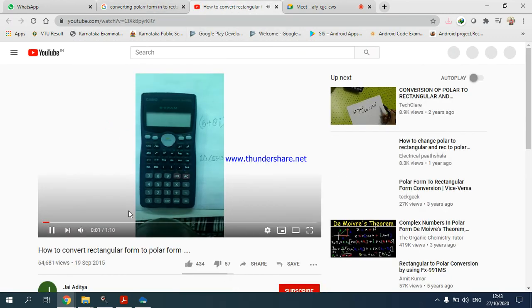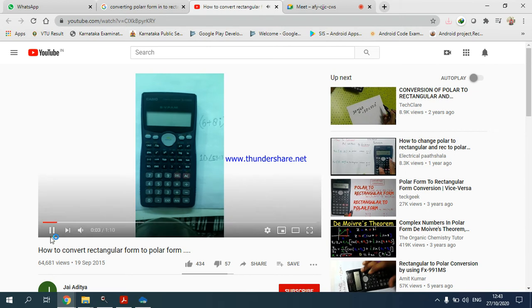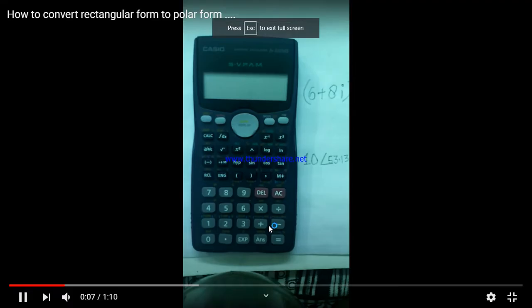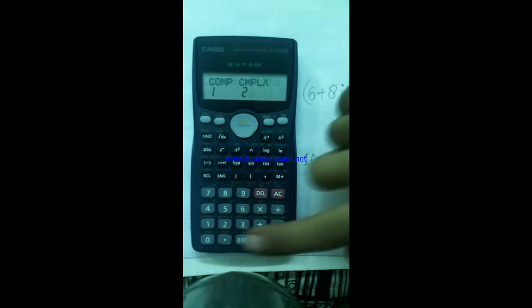Hello everyone. Every engineering student gets a problem converting rectangular form to polar form. But today we will show you how to convert to polar form. For this, first you should switch on your calculator, then press the mode button, then for complex press 2. For converting rectangular to polar, let's take an example of 6 + 8i.